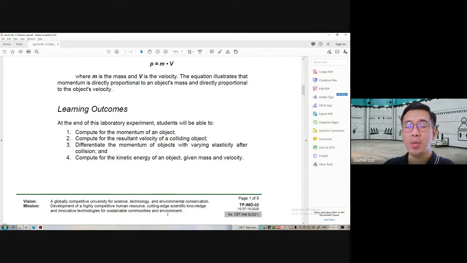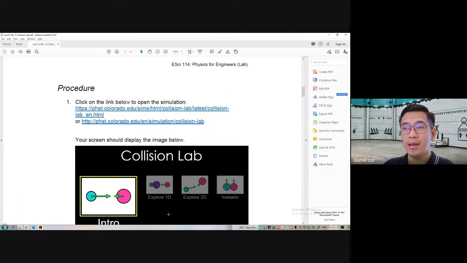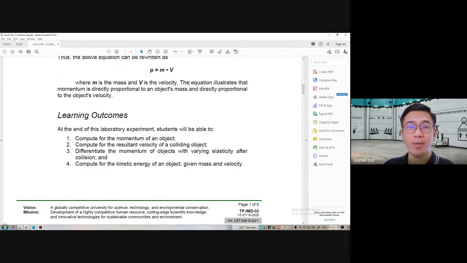Last meeting I showed you the formula for kinetic energy using mass and velocity. That formula is one half m v squared. The unit for kinetic energy is kilogram meter squared per second squared.